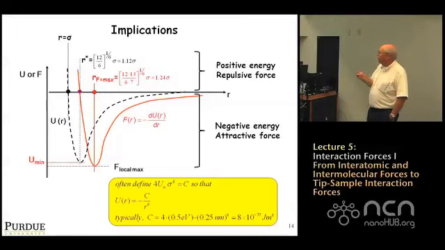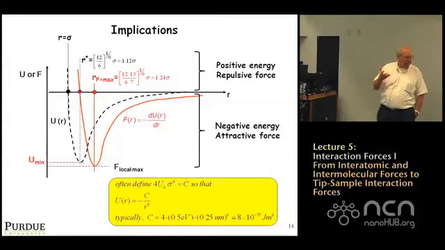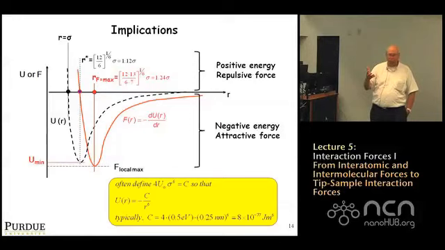I just worked through a couple of typical values, right? Typically, U naught is on the order of, let's say, half an electron volt deep. Typically, sigma is on the order of 0.25 nanometers. If you evaluate C, you get this funny number, 8 times 10 to the minus 77 joules meters to the 6th. Okay?